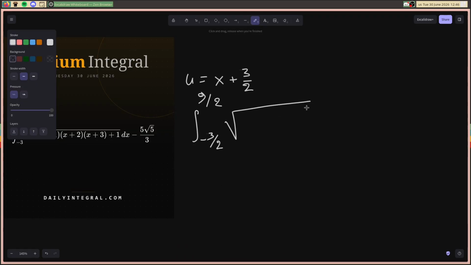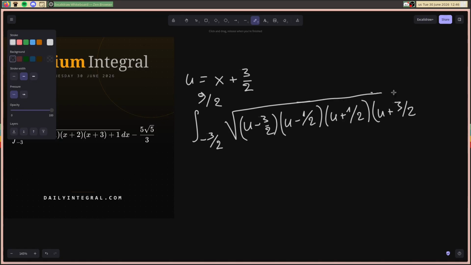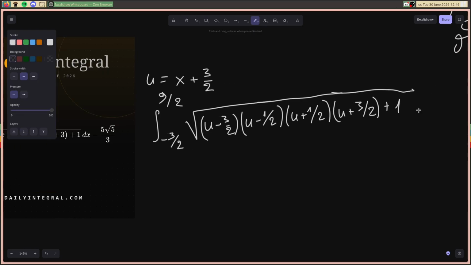Then x is u minus 3 over 2. x plus 1 is u minus 1 over 2. x plus 2 is u plus 1 over 2. And x plus 3 is u plus 3 over 2, plus 1 dx.